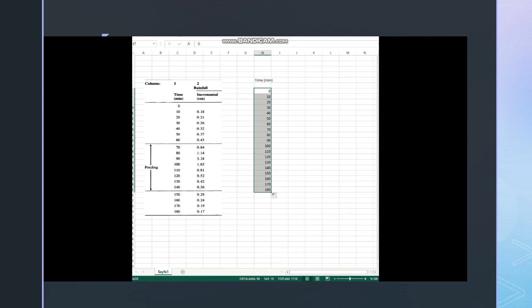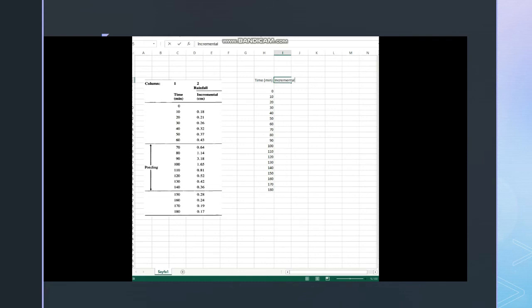After we do this time interval, let's go to rainfall. This is the incremental rainfall, as given.